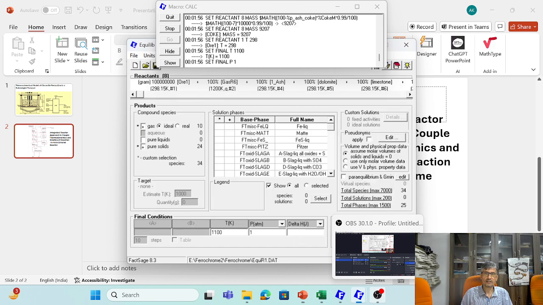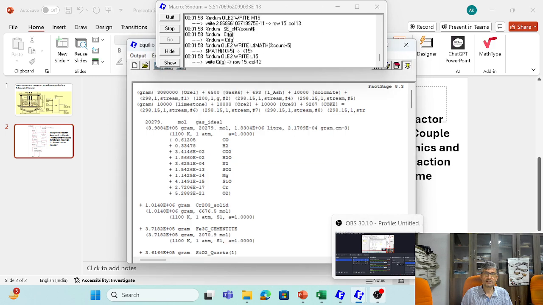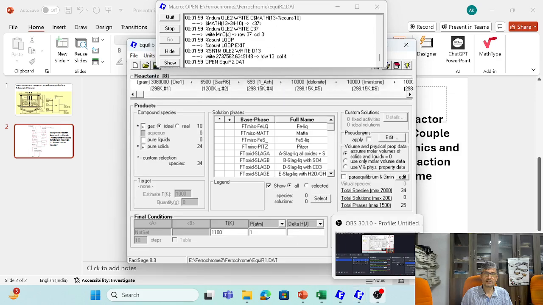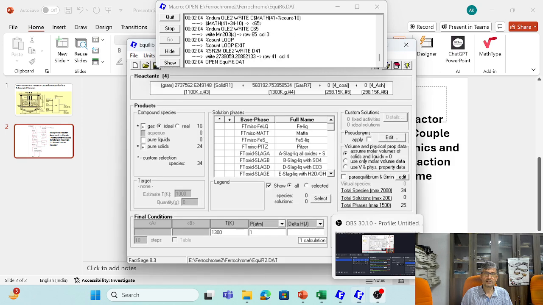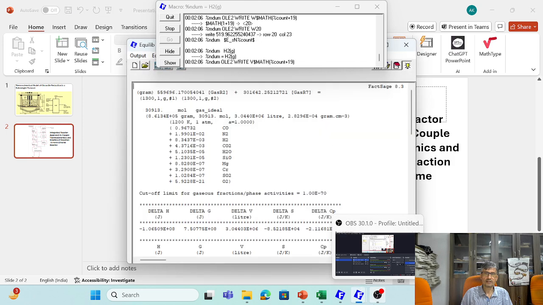So just let the simulation get over, and then after that I will show you the Excel sheet where results are represented in a very beautiful manner.